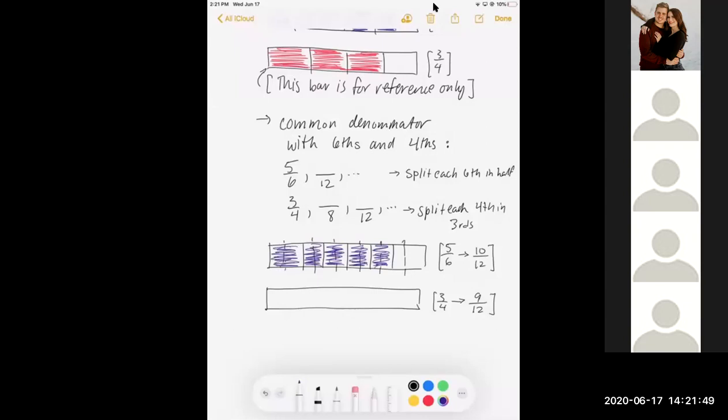And then in my 3/4, I'm going to split each of those fourths into 3 parts. And they should line up nicely with your top one, but my drawing's a little bit off. It's okay. And I'm highlighting my 3/4 here.